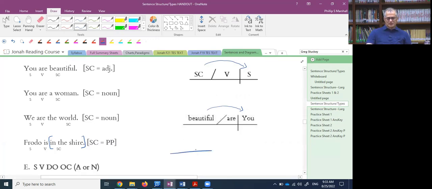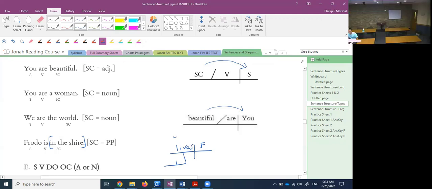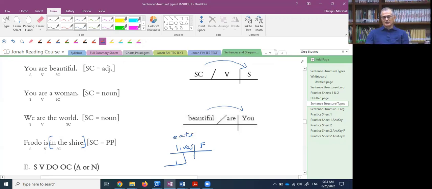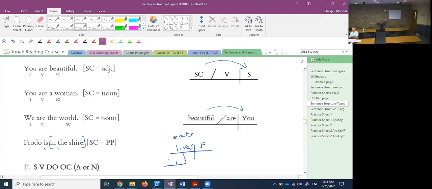So you would have something like that. Frodo lives, and this is telling you where he lives, but not where he be. I could use any other action verb too, right? Frodo eats in the Shire. Frodo sleeps in the Shire. None of these are copular or linking verbs.